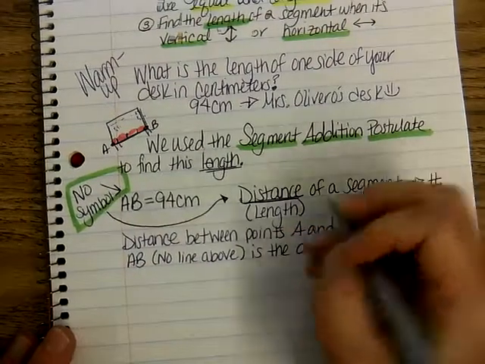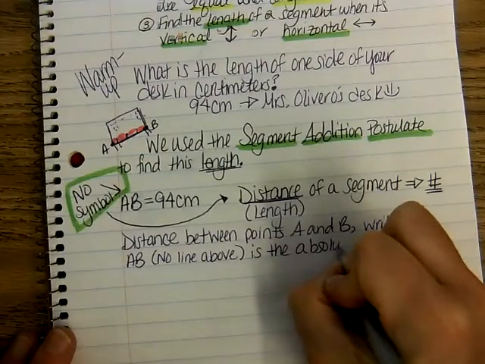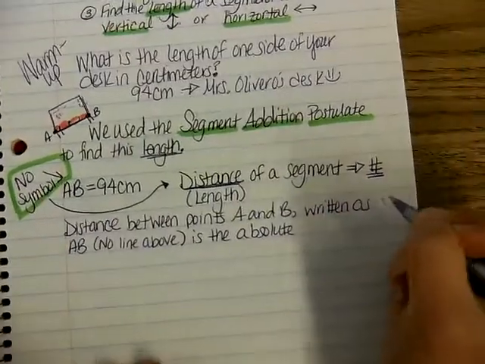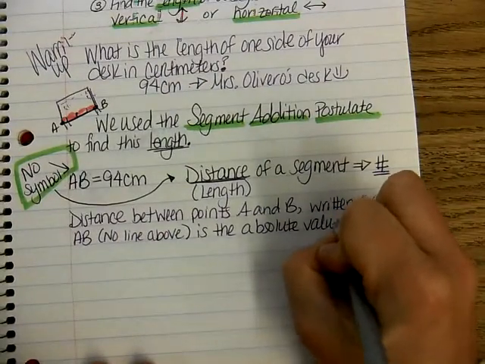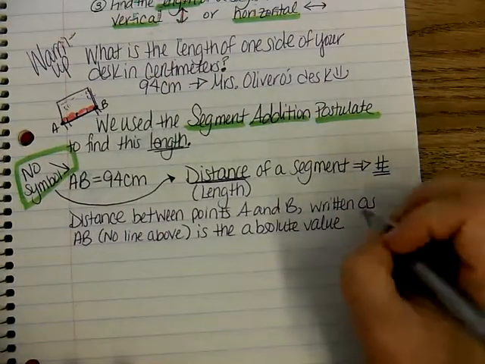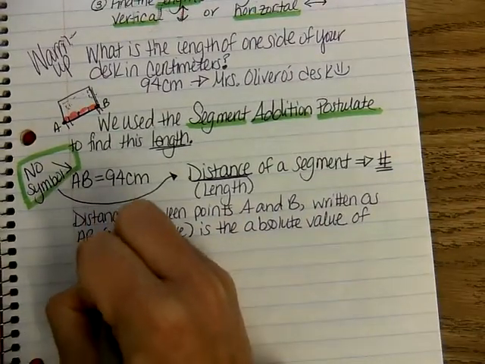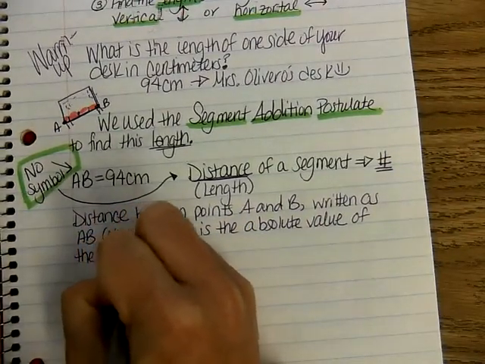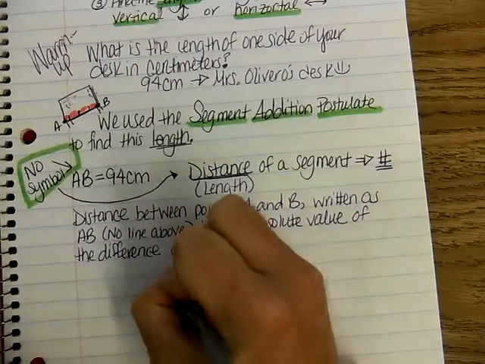Ooh, absolute value. Remember, absolute value represents a positive number. We learned about that in Algebra 1. It is the absolute value of the difference of the coordinates of A and B.